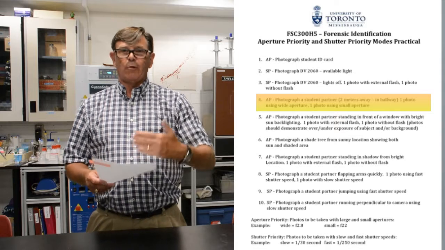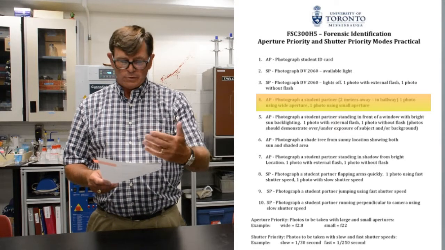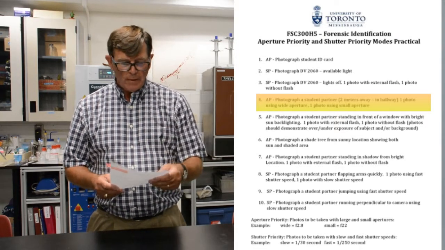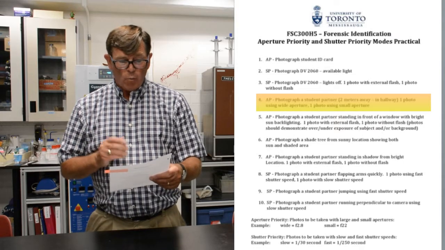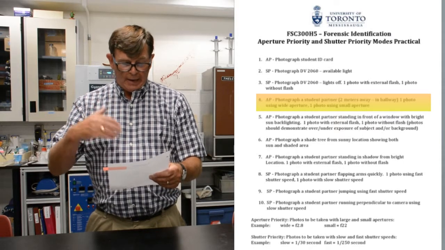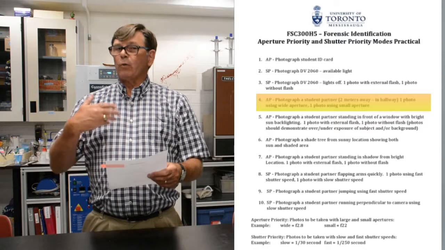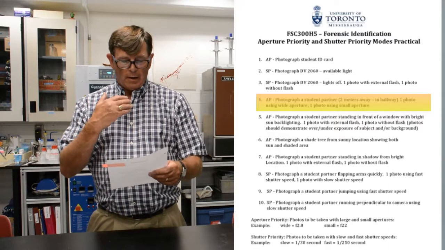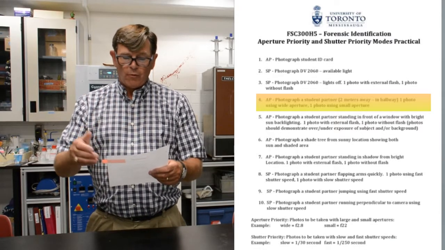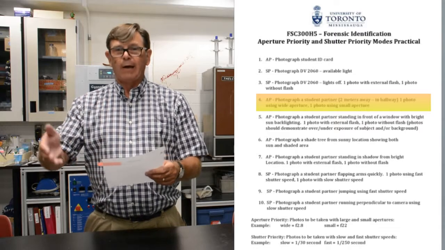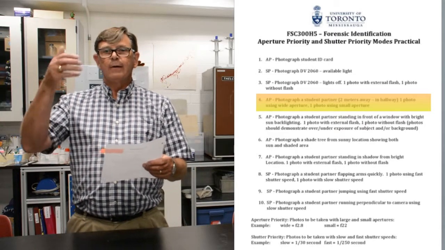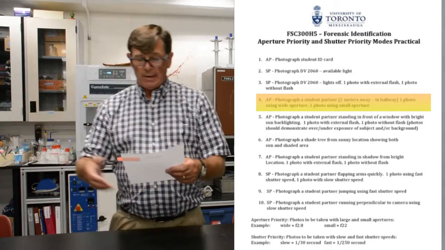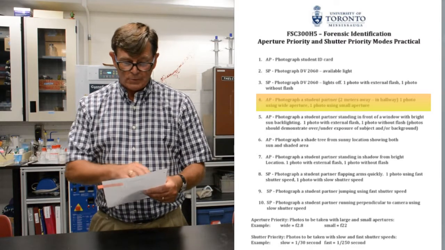So in a room where you have some physical spacing available. One photograph using a wide aperture, and again, a wide aperture would be a lower number on your f-stop, and one photo using a small aperture, again the reverse, the f number is going to be a higher number, creating a smaller aperture.